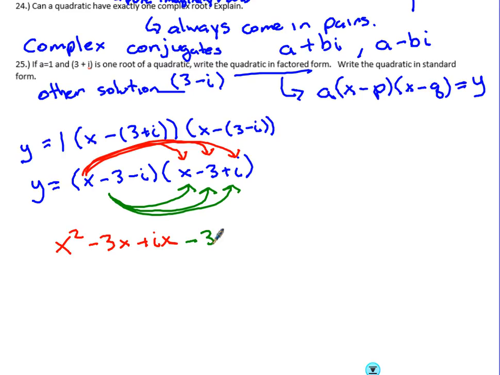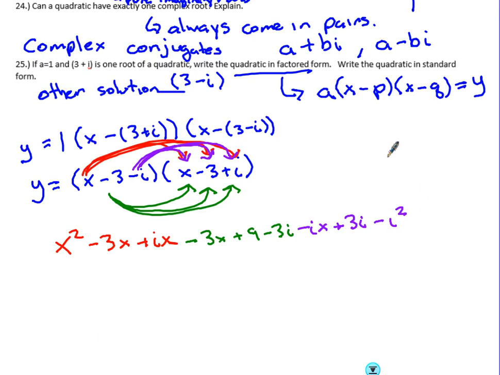So negative 3x plus 9 minus 3i. And last but not least, negative i times x, negative i times negative 3, and negative i times i. That would be negative ix plus 3i minus i squared.